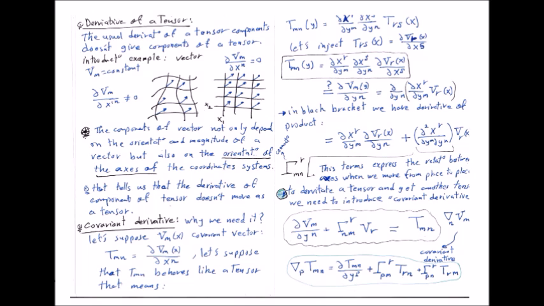That means the second derivative, for example, if I take s equal to time, then the second derivative d^2y^n over dt^2 is equal to minus gamma^n_mr dy^m over dt times dy^r over dt. The first part, the second derivative with respect to time, is acceleration; I just need to multiply by the mass in order to get force.